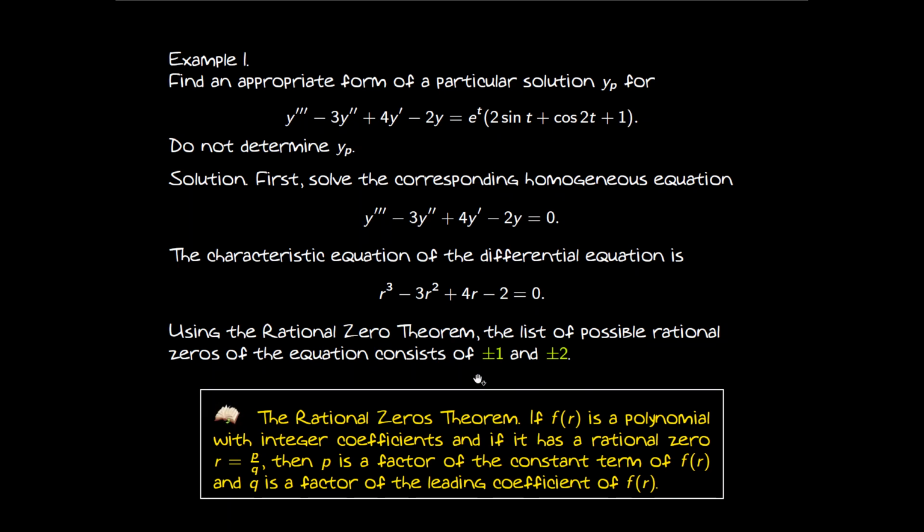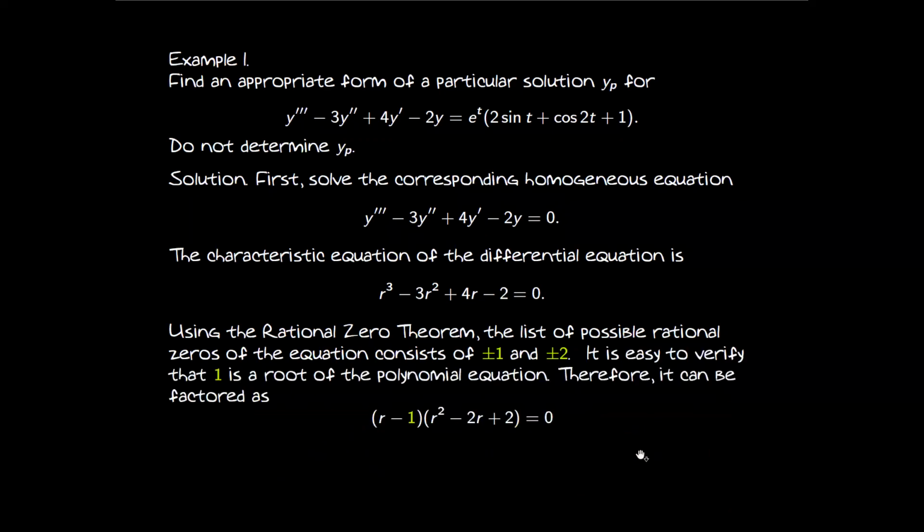So now, how can we get the root for the equation? Well, we can just plug the numbers into the equation and see whether or not it makes the equation true. For example, when we plug the number 1 in, you get 1 minus 3 plus 4 minus 2, which is exactly 0.